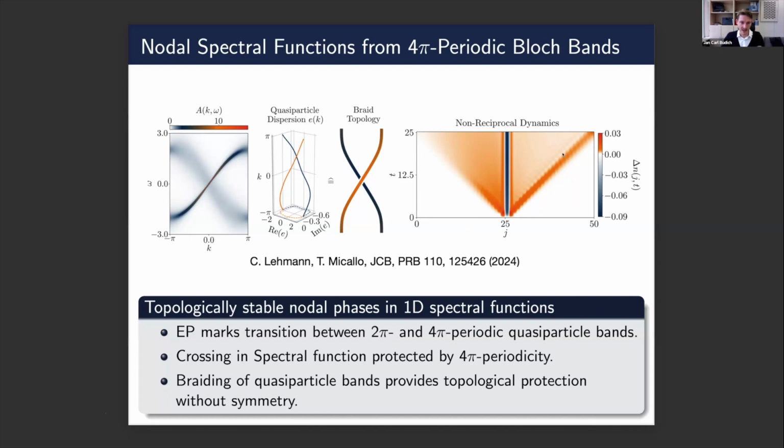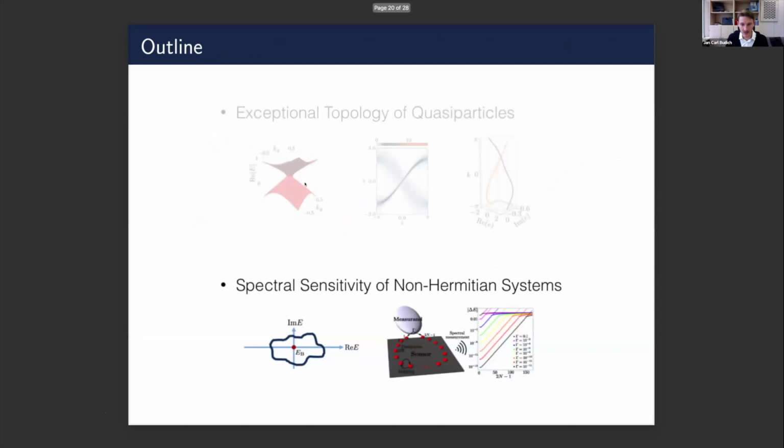The ingredient is again just an AB asymmetry in the scattering strength, and this, without any explicit directionality in the model, will somehow lead to such a behavior. And as I motivated from this braiding picture, it doesn't rely on symmetry, it's stable against any small perturbation once this crossing with a finite gap in the imaginary part is there.